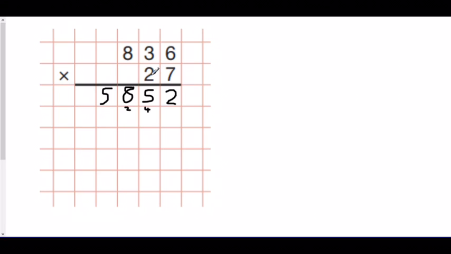So because this 2 is in the tens column and not in the ones column, we put a 0 here because everything needs to be 10 times bigger than just this 2. 2 times 6 is 12. 2 times 3 is 6, plus the 1 is 7. 2 times 8 is 16.